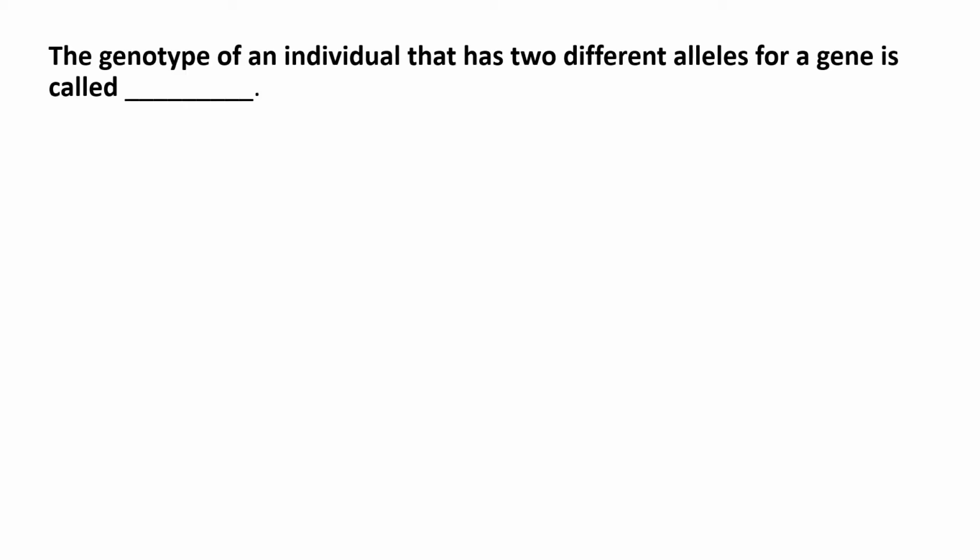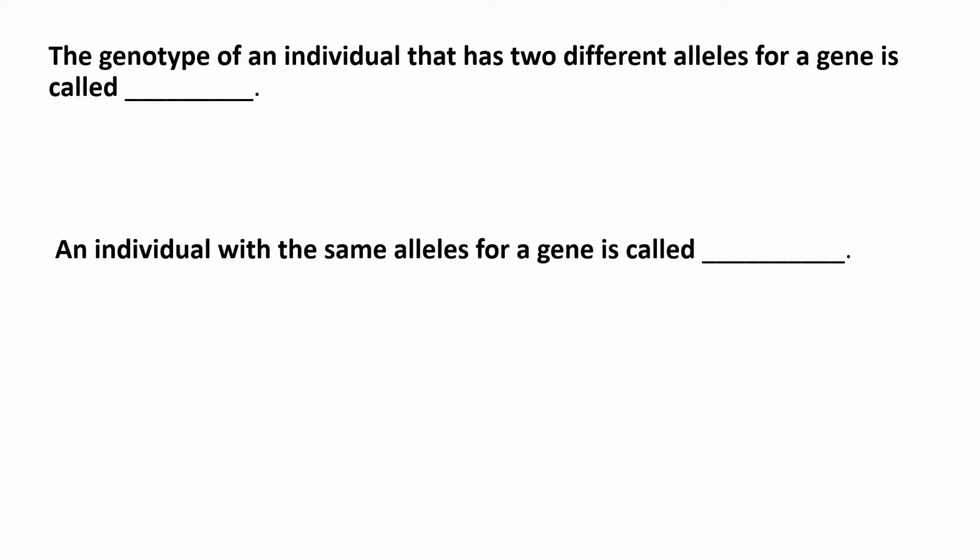So, two more questions. Here they're asking you to fill in the blank: what is the name of the genotype of an individual that has two different alleles for a gene? Very easy, it will be heterozygous. On the other hand, an individual with the same allele for a gene is called homozygous.